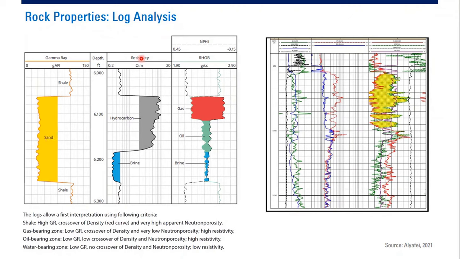Okay, and then resistivity, we can know zone with high resistivity and low resistivity. Okay, low resistivity usually means brine or water. High resistivity usually means hydrocarbon. But we can only distinguish hydrocarbon with resistivity log.